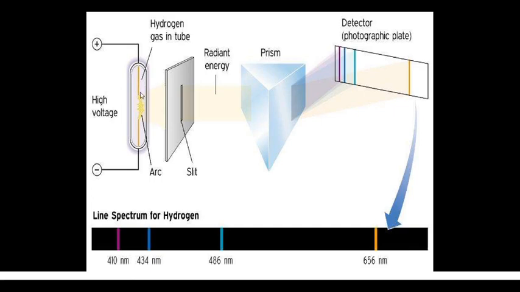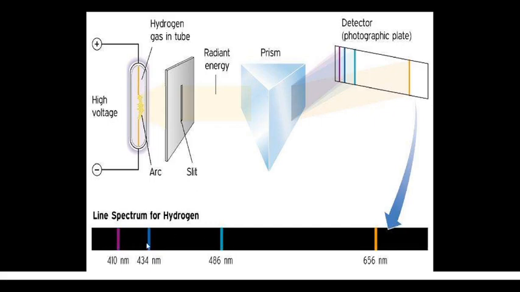Whenever they emit radiation, that radiation is passed through a slit and then through a prism, so its component colors are photographed on a photographic plate. That photograph is what we now call the line spectrum of hydrogen.